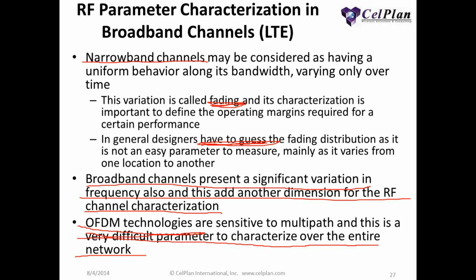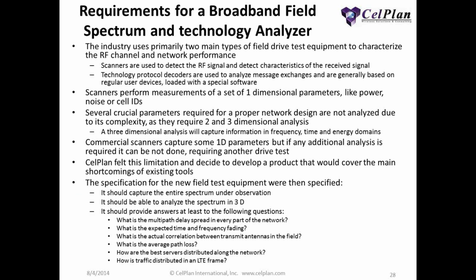And then, because we couldn't really measure those variations, we had to be overprotective and leave a lot of juice on the table. So we decided that if there is nothing in the market that we can really use to characterize those channels properly, why don't we develop an equipment?